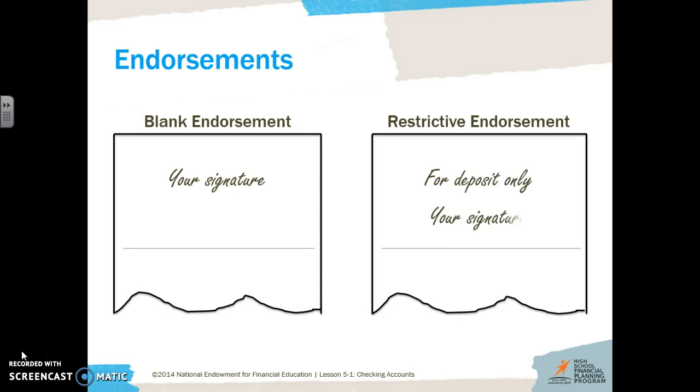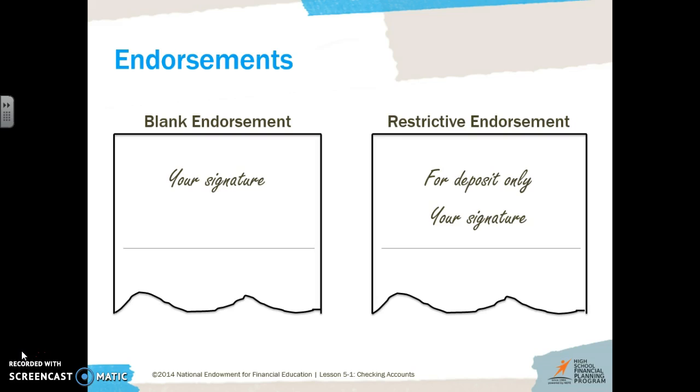We have not really talked about endorsement, but on the back of a check, you must endorse the check if you ever want to keep that money as cash. The pay to the order of phrase is always going to be written on the front side of the check. If you were to go back a couple of slides, you could see the pay to the order of, and it might say a company's name or a person's name.